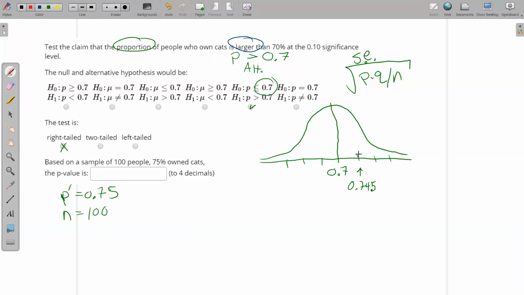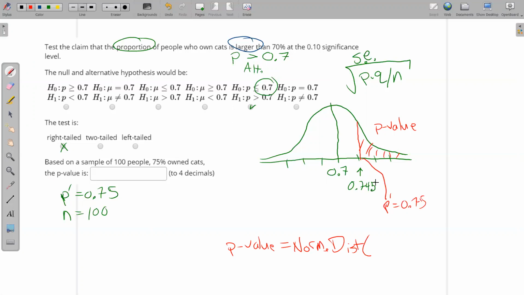And if you have a hard time figuring that out, StatKey will do it for you if you give it this number. So I could show that too in a sec. So I would say right about here is where the sample P prime lives, 0.75. And my alternative says it's a right tail test, so I want to know what this area is out here. So that's my p-value. For a proportion, a p-value on a spreadsheet is a NORM.DIST.